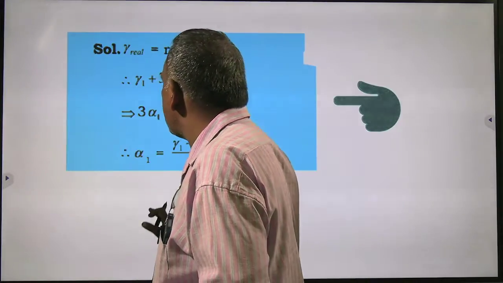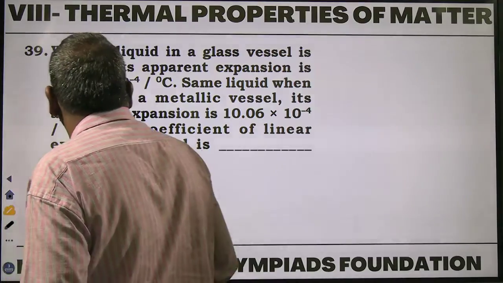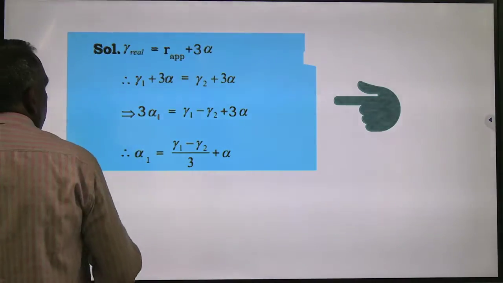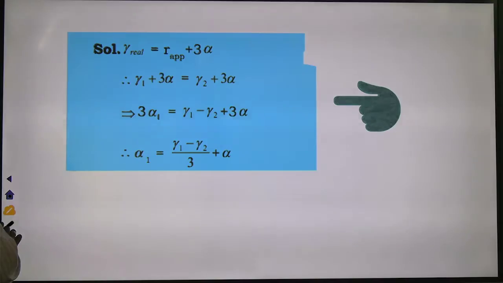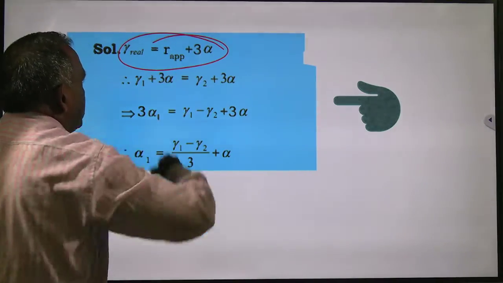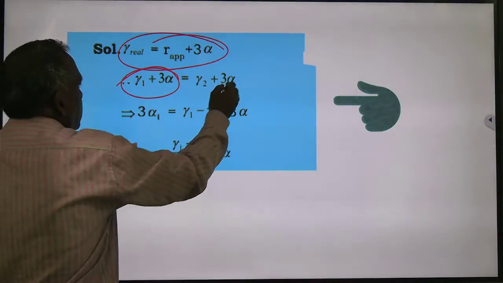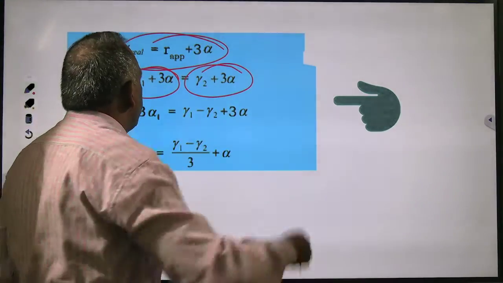To solve this, the real expansion is equal to apparent expansion plus 3 alpha. So gamma 1 plus 3 alpha 1 remains constant, equal to gamma 2 plus 3 alpha.